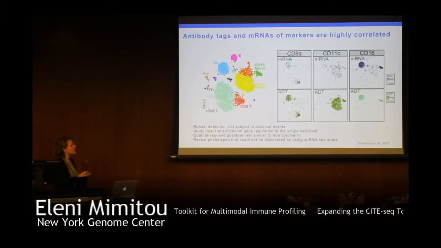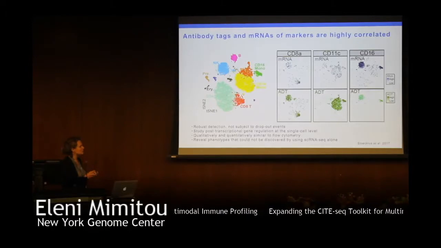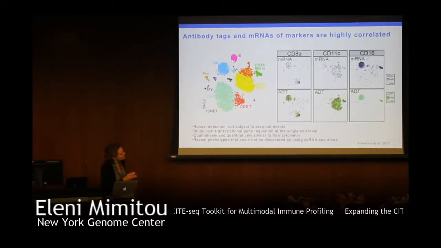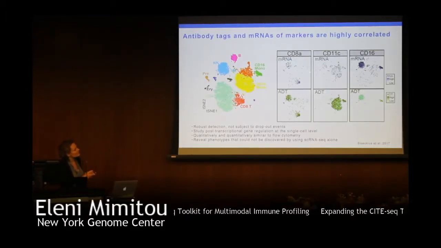It can also allow something that maybe wasn't touched on so much: post-transcriptional regulation at the single-cell level. I'm going to draw your attention to two examples here. CD11c RNA transcript is present on the NK cells, but not the surface protein.